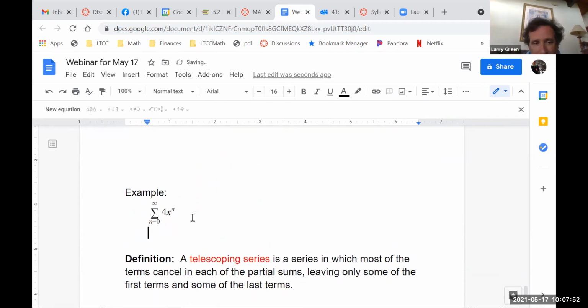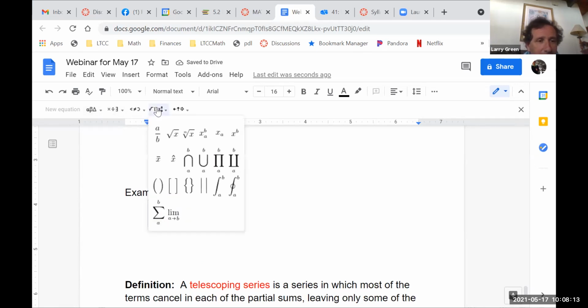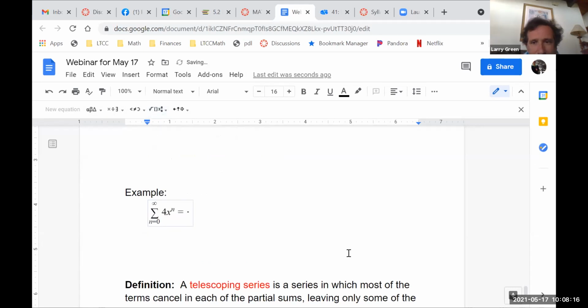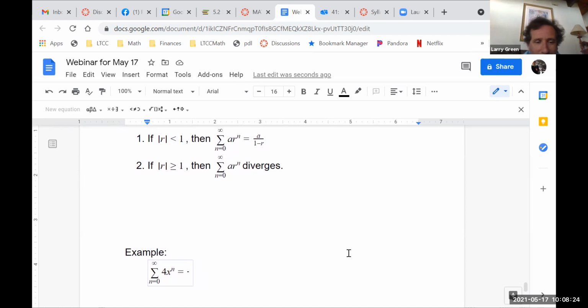Here's an example. Let's say n goes from 0 to infinity of 4x to the n, where x is some number. What is this equal to?